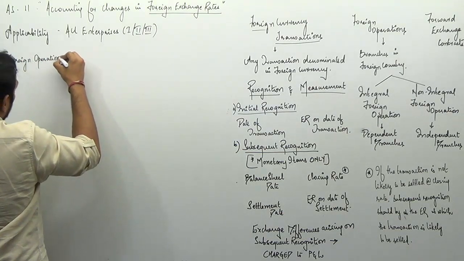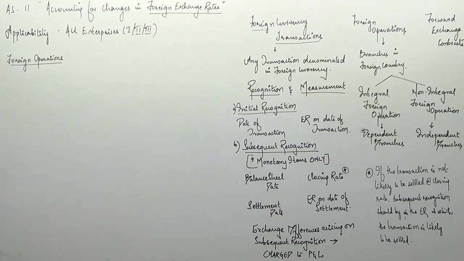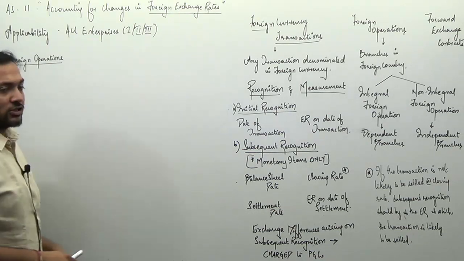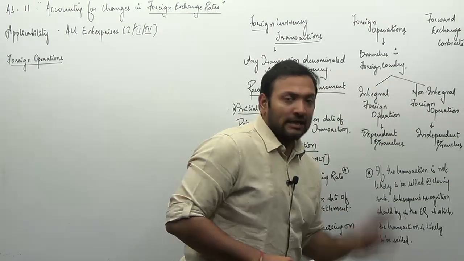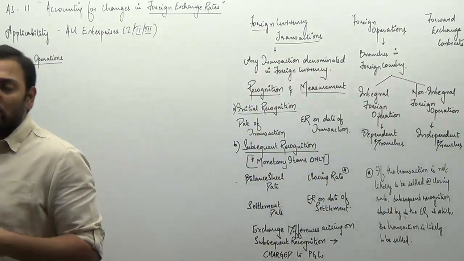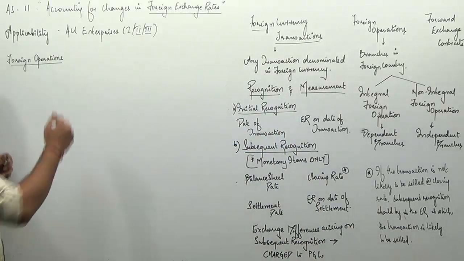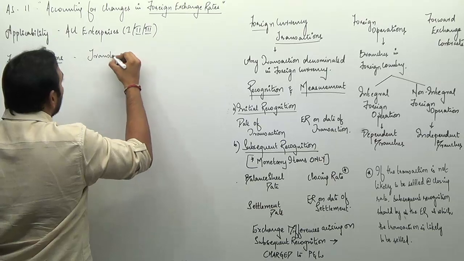What about this foreign operations then? Foreign operation basically indicates a foreign branch, be it a dependent branch or an independent branch, which we normally call as integral or non-integral operation. The main reason why we use AS 11 in foreign operation is for translation.